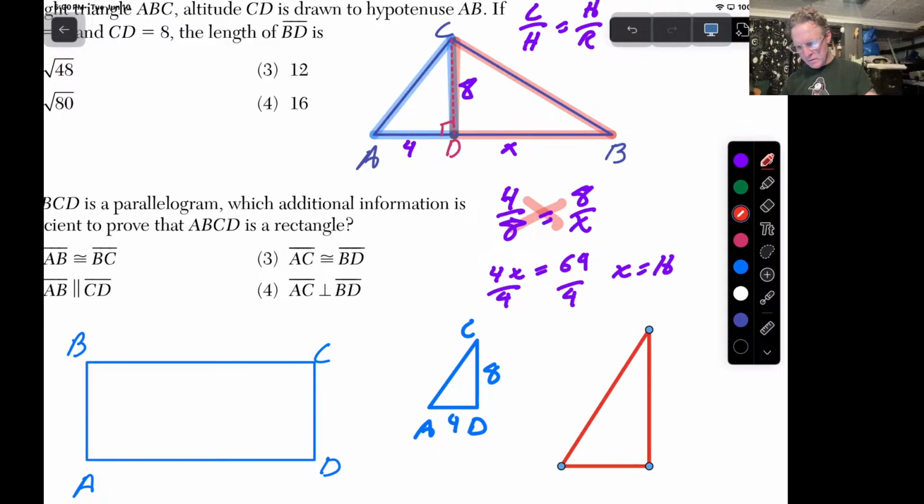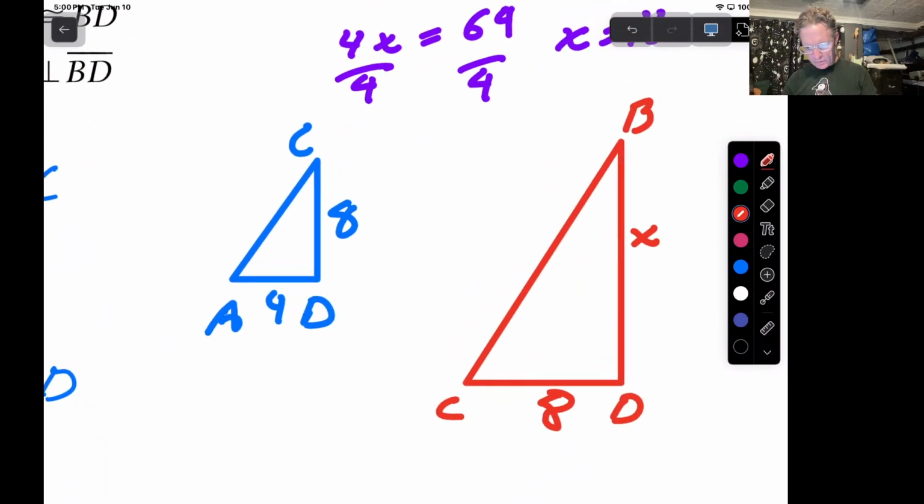So like that. The right angle is D, this is C, and the pointy part is B. And again, we know CD is 8, and we're looking for this length here. So now we can clearly see these two triangles.